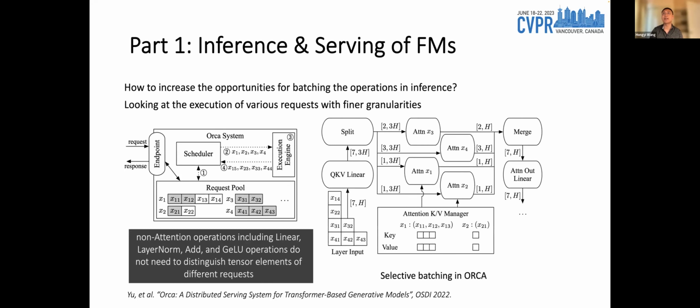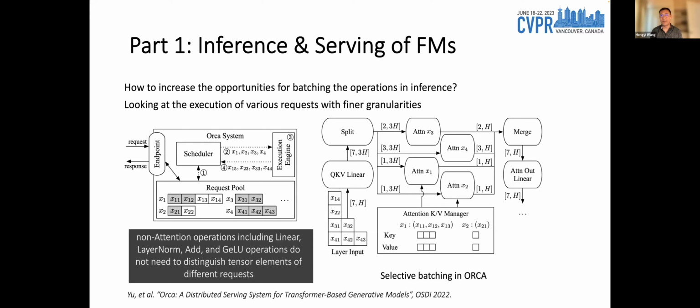So what we can do is split the computation. After we get the embedding and the QKV, we split the operation and do the attention for each request, either one by one, or by finding a way to parallelize them, or by putting them on different GPUs.